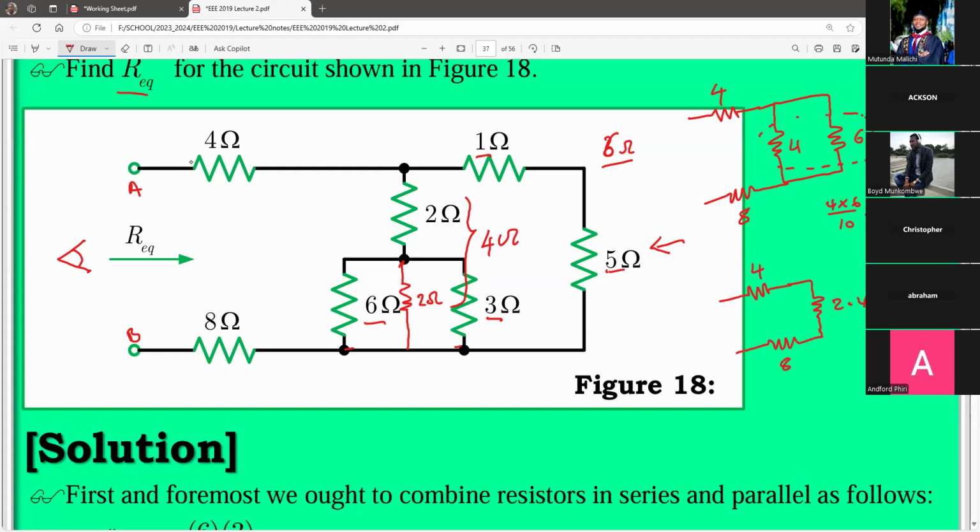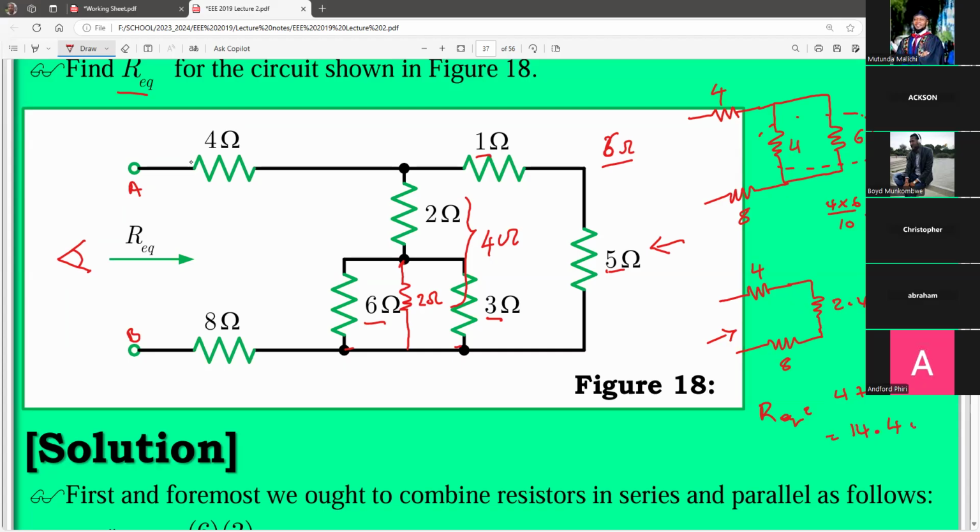and 8 there. So meaning, if you look into this circuit, REQ should be equal to 4 plus 2.4 plus 8, which should be, I think, this is what? 4 plus 8 is 12, so I think it should be 14.4 ohms as the equivalent resistance for this circuit that is shown in figure 1.8.